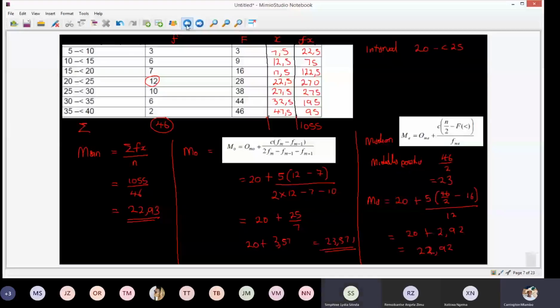Then your homework, go and find how to calculate your interquartile range. You find how to calculate your standard deviation. Then you find out how to calculate your CV.